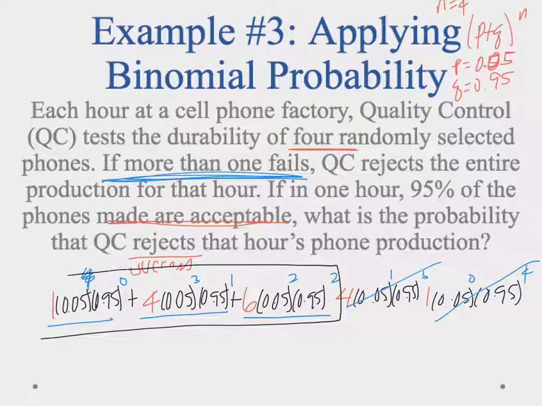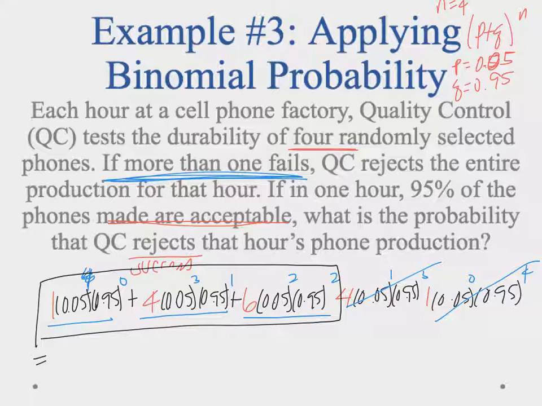Okay, so that first one would be 0.05 to the 4th power plus 4 times 0.05 to the 3rd times 0.95 to the 1st.